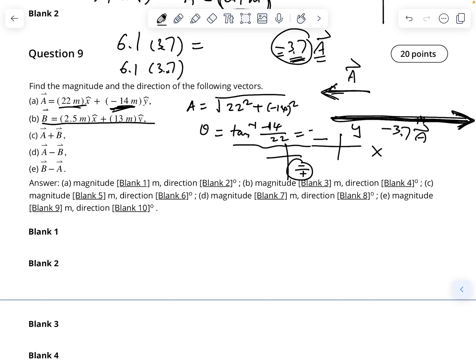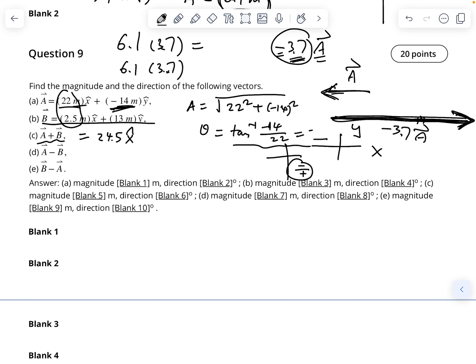Now A plus B. So first, what is A plus B? Just add the components together. The x components: 22 plus 2.5, that is 24.5 x.